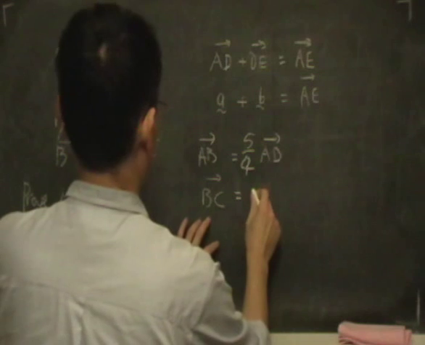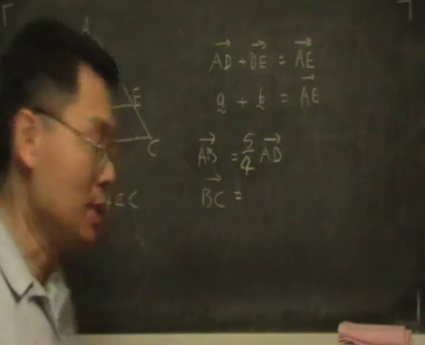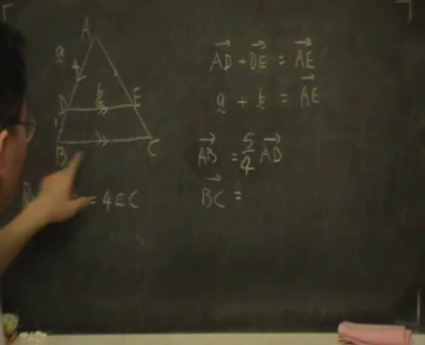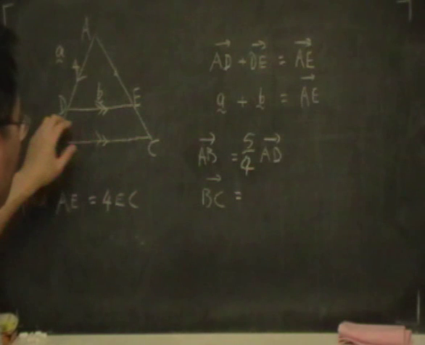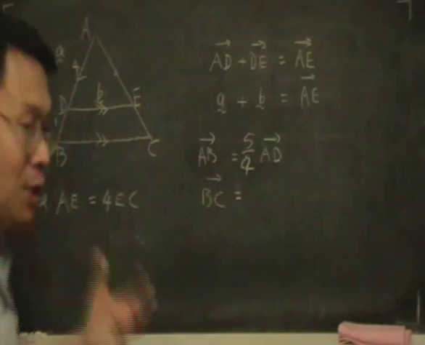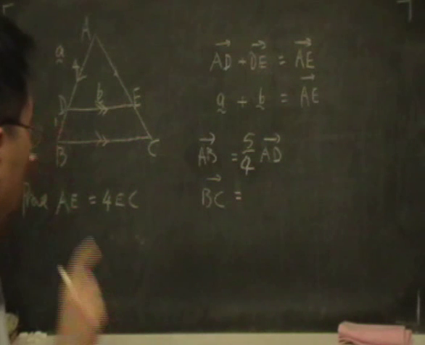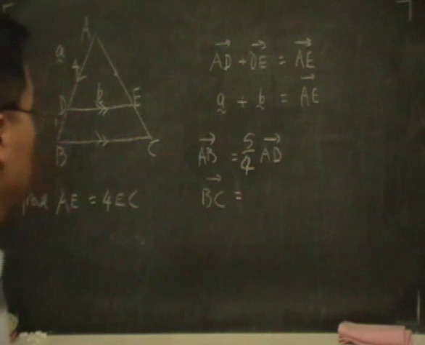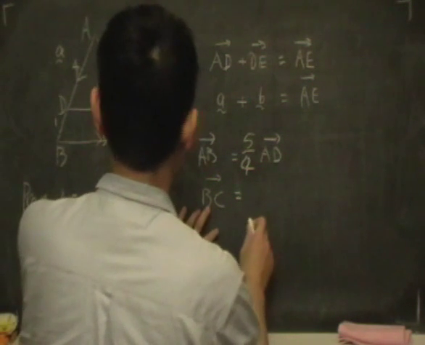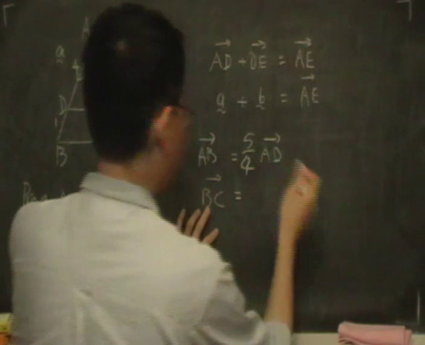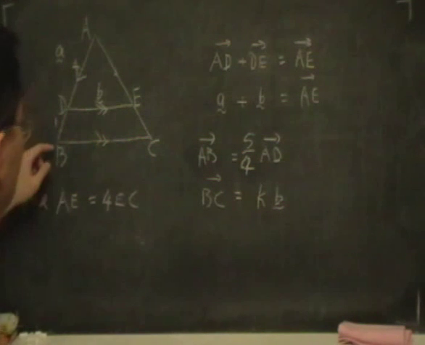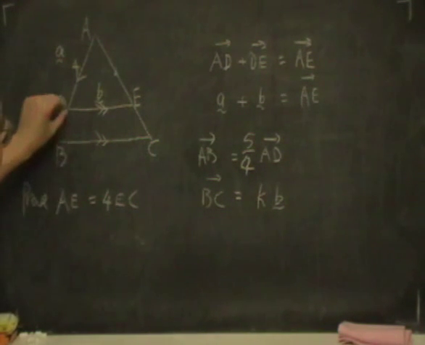Now we don't know what that number is, we just know that because they're parallel, we must be able to write BC as a scalar multiplied by the other vector which is parallel to it. So let that number be k. So it will be k times b. So BC must be some scalar number multiplied by b.